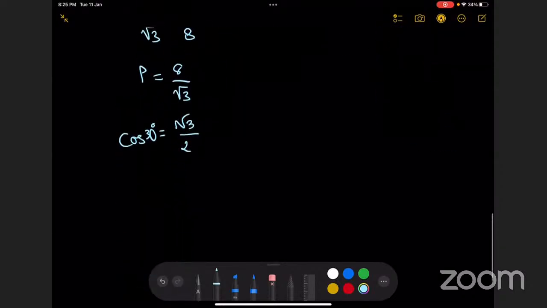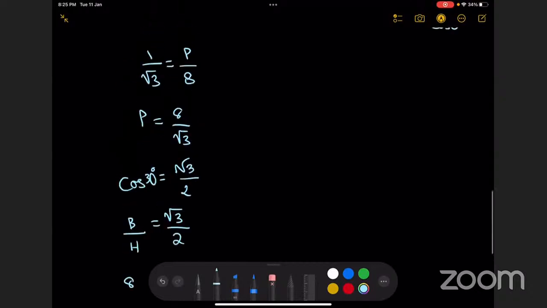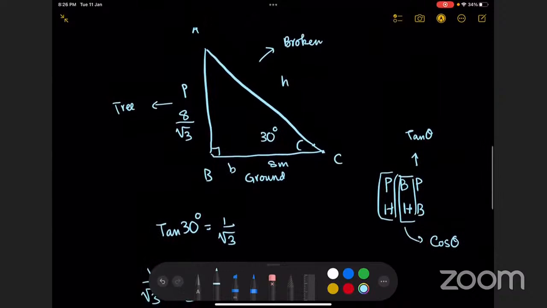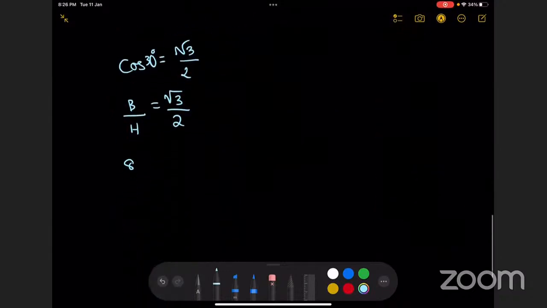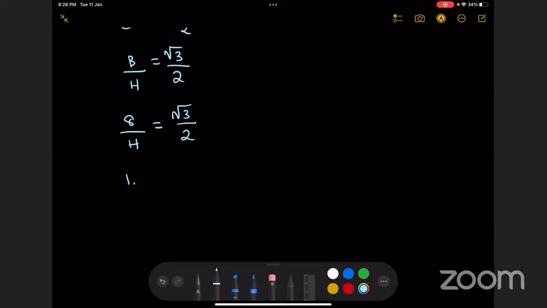And it's the base upon the hypotenuse. So base upon hypotenuse equals √3 by 2. The base is 8, and the hypotenuse is unknown.